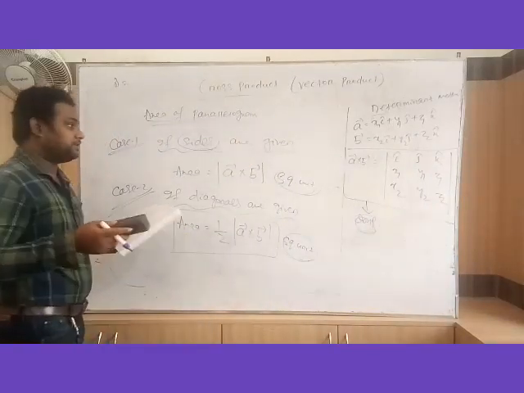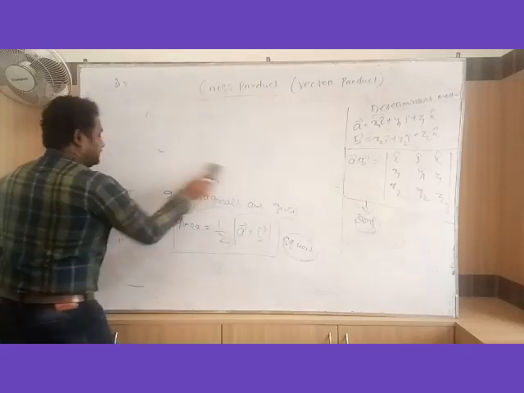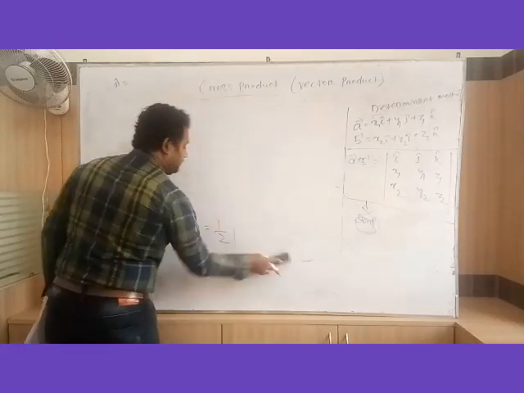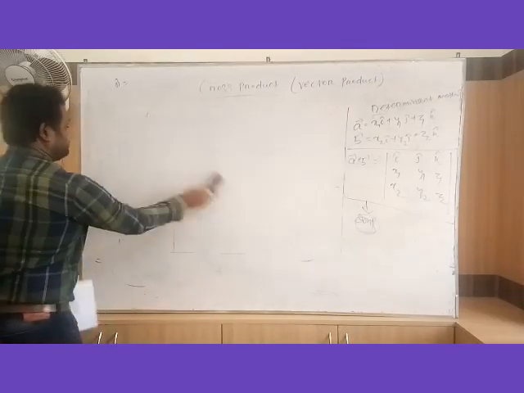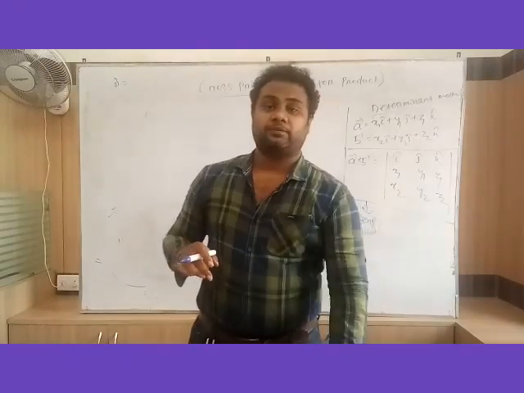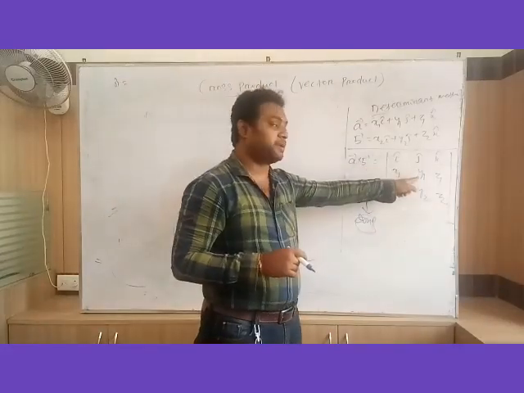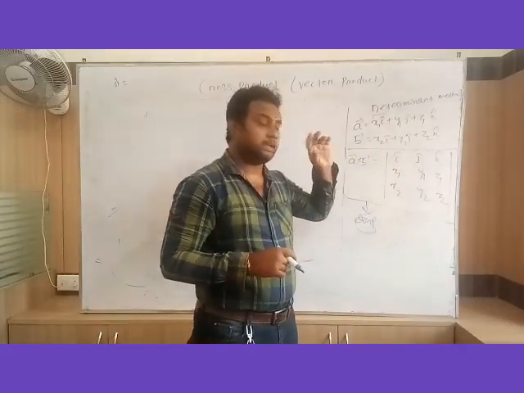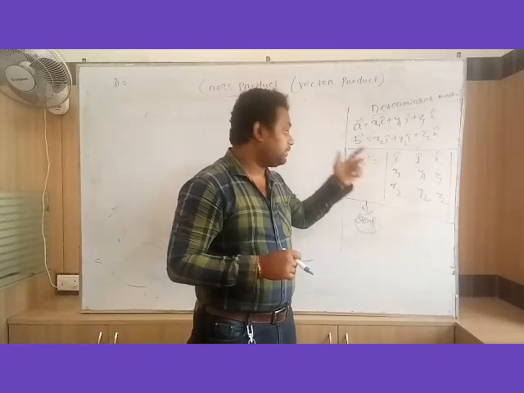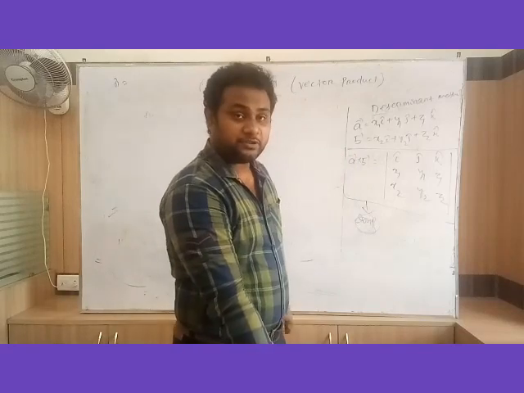I am just giving some formulas, some hints to solve the problems. In question number 2, you are asked to find the cross product. You know the formula for A cross B, so just put the values of the given vectors here and get the value. That is question number 2.